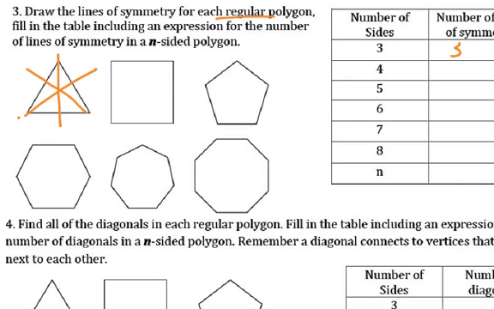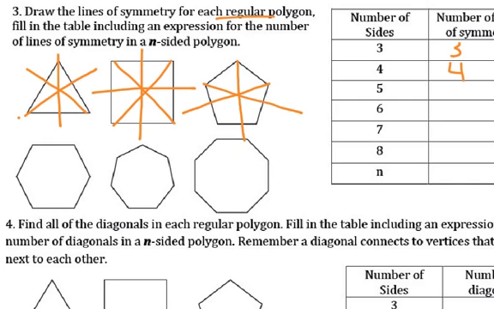So a triangle, there's 3. What about for a square? Well, a vertical, a horizontal, and also diagonals. So there'd be 4. For a pentagon, 1, 2, 3, 4, 5. Okay, do we see a pattern here?